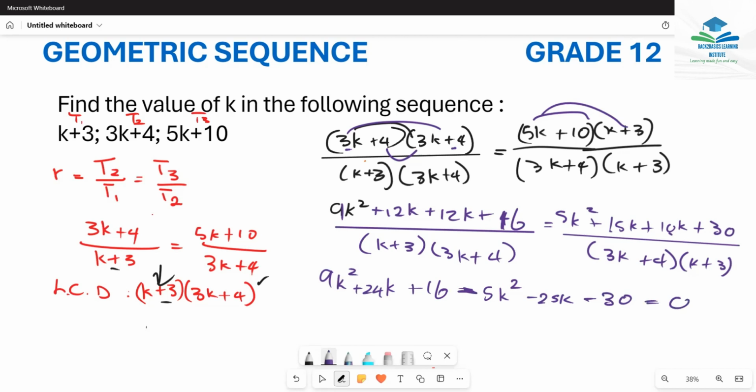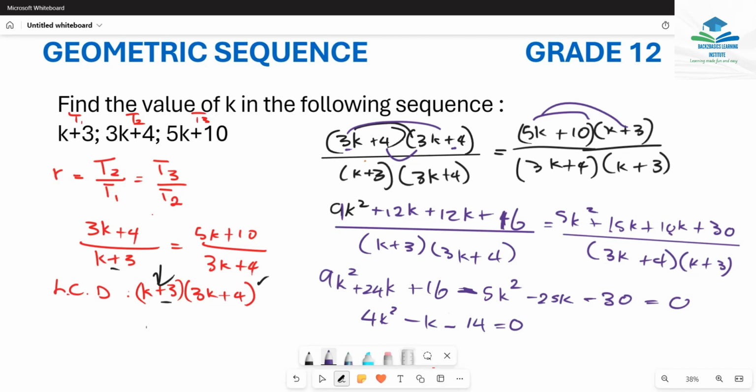Now we are going to group our like terms. 9 subtract 5 gives you 4k squared. Then 24 subtract 25 gives you negative k. And negative 30 plus 16 gives you negative 14, which is equal to 0.